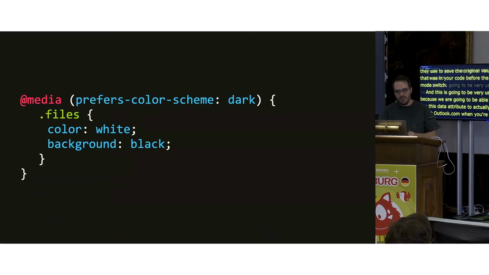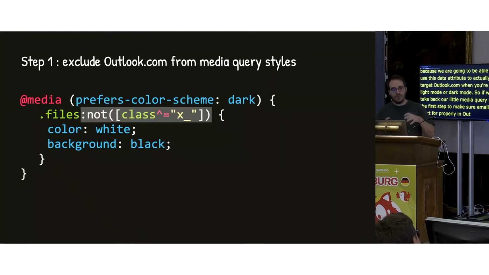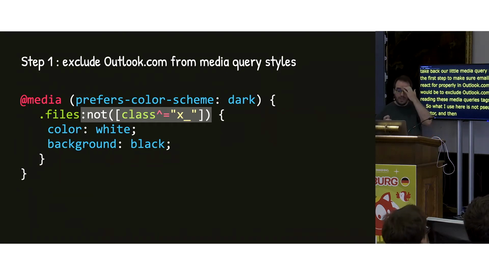So if we take back our little media query here, the first step to make your emails react more properly in Outlook.com will be to exclude Outlook.com from reading these media query styles. What I use here is a not pseudo selector, and inside I'm using an attribute selector targeting elements that have a class starting with X_.